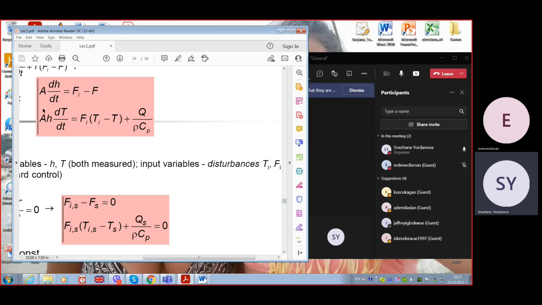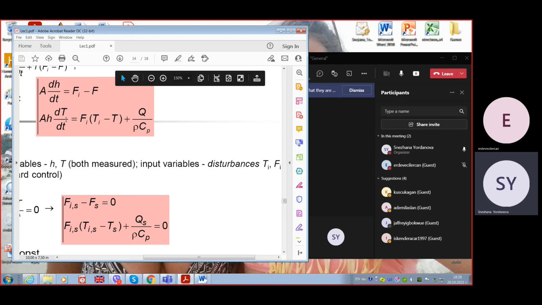turned into a steady state model. After some time, when we have a balance of input and output mass, the level will reach another position and will stop changing any longer. The same is with temperature.